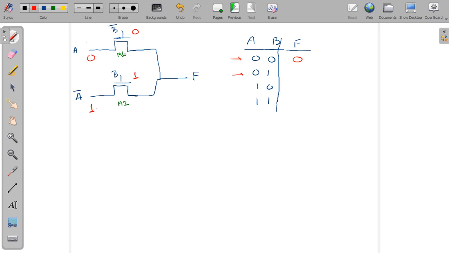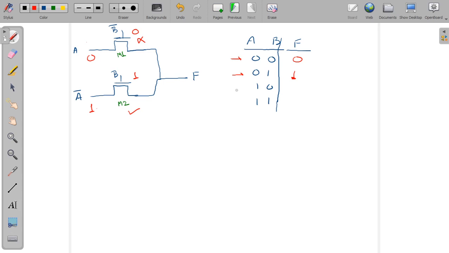In this case, again, M1 is off and M2 is on, right? So M2 path is available here, and signal A bar will pass to F, and the value of A bar is 1, so the value of F becomes 1 here in the truth table.